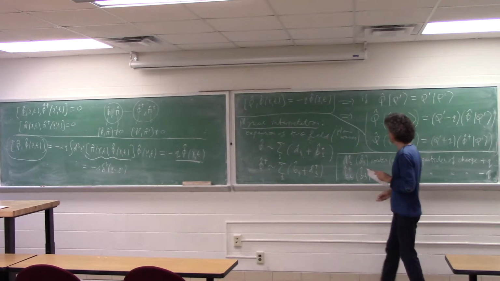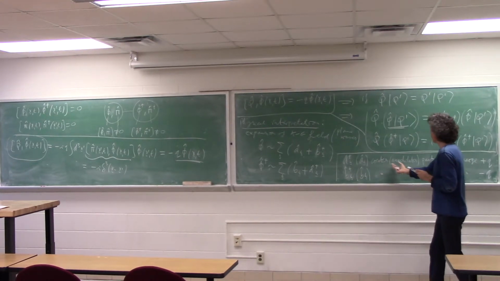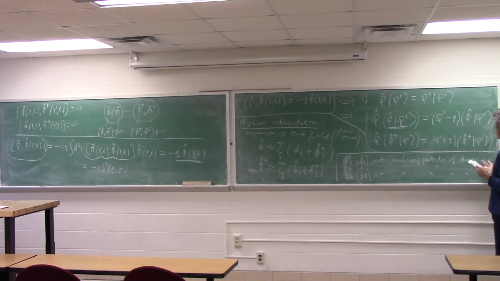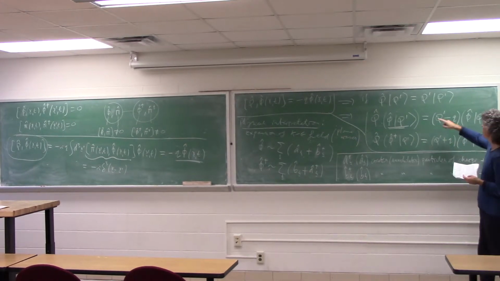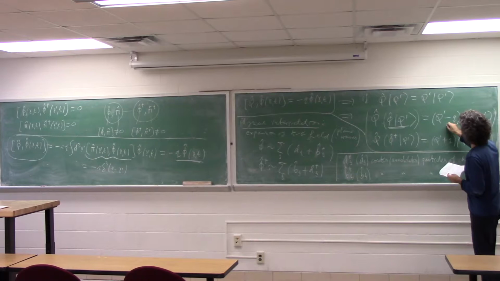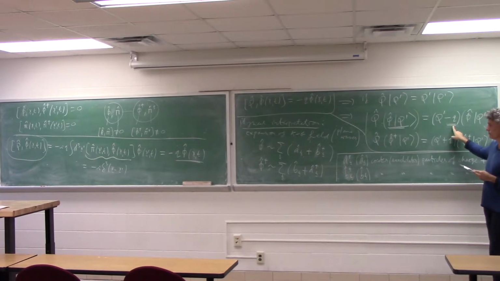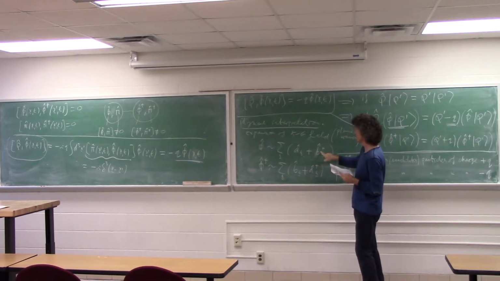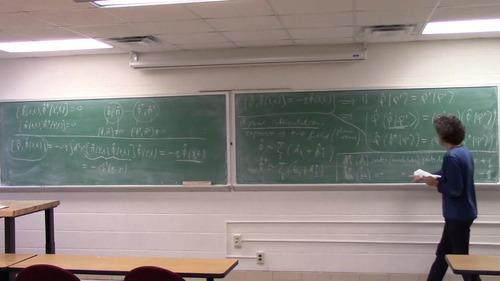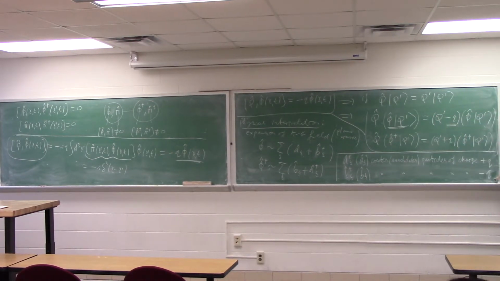A hat will annihilate a particle of charge q. In other words, it takes away a charge q. So the charge of the state diminishes by q. Or phi hat can create a charge minus q. So it adds a negative charge, and again the total charge is diminished by q.